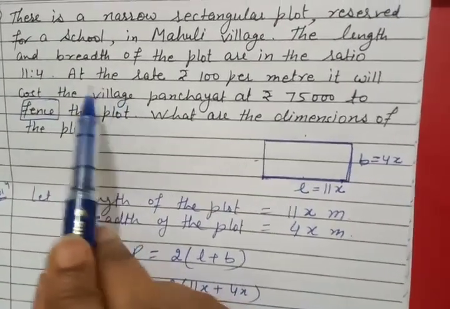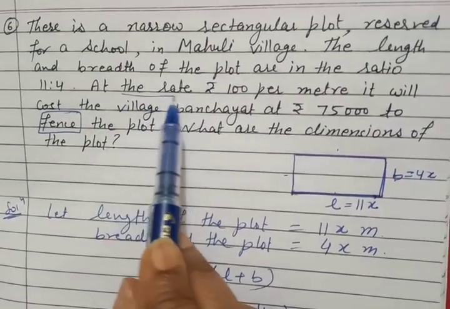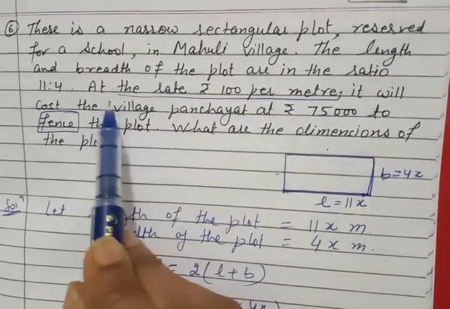And it is given that fencing is at the cost of rupees 100 per meter.